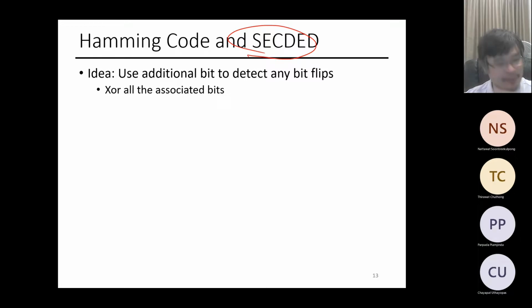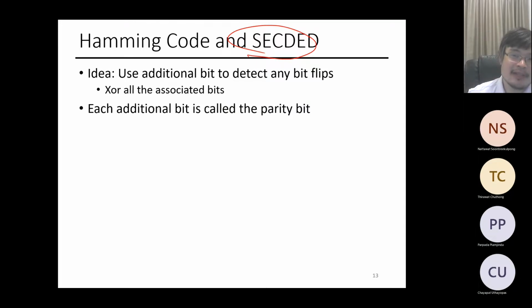If you have a single bit flip, the XOR would change. When you XOR every bit, let's say the correct result is 1. When you have one bit flip, you XOR everything again, and the result would change to 0.